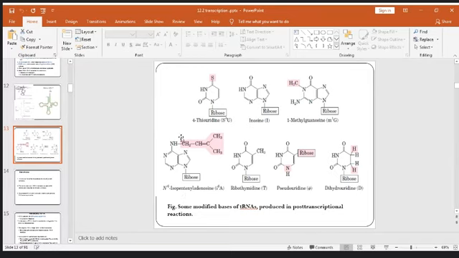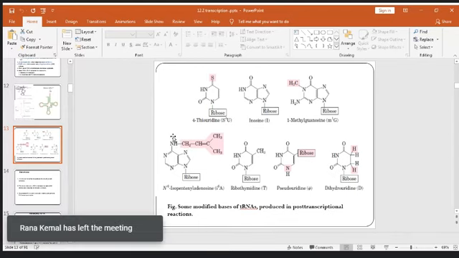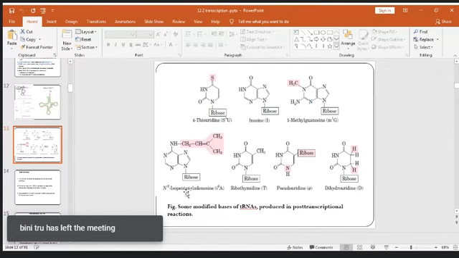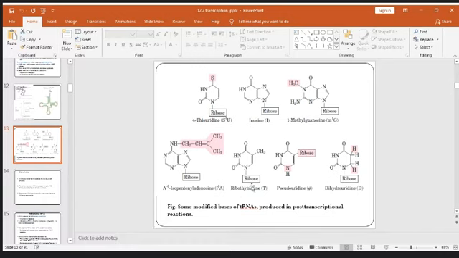The isopentenyl group is present on the 6 nitrogen, formed as a bond at the 6th position of nitrogen, that's why we call it N6 isopentenyl adenosine. Ribothymidine can also be one of the uncommon bases in the RNA molecule. Pseudouridine we have seen, and hydrouridine is also one of the uncommon nucleotides on the RNA structure.